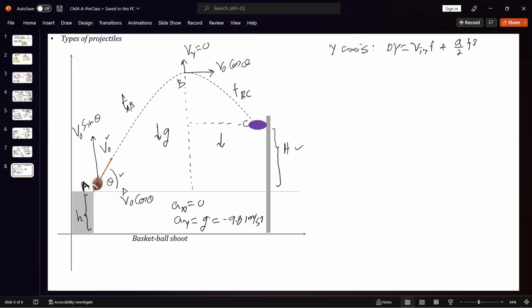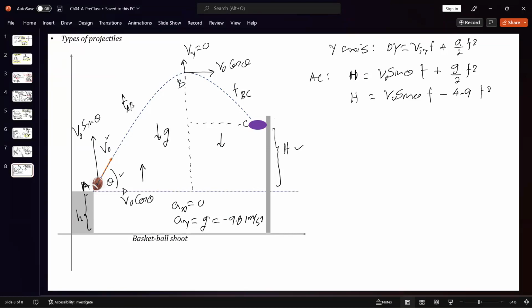Then the object goes from A to C. We are considering A to C motion. That's going to be positive h, which equals the initial upward velocity v0 sine theta times t plus gravity divided by 2 t to the power 2. So h equals v0 sine theta t minus 4.9 t to the power 2.